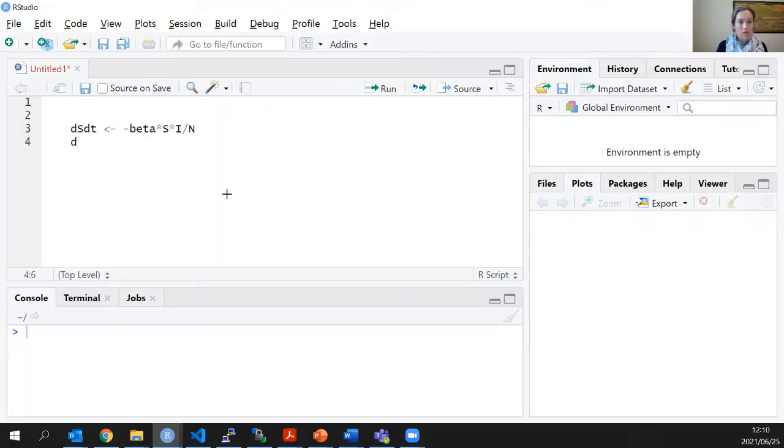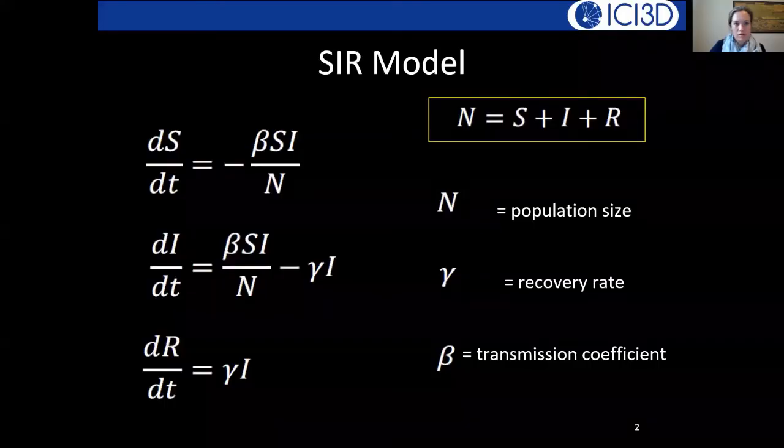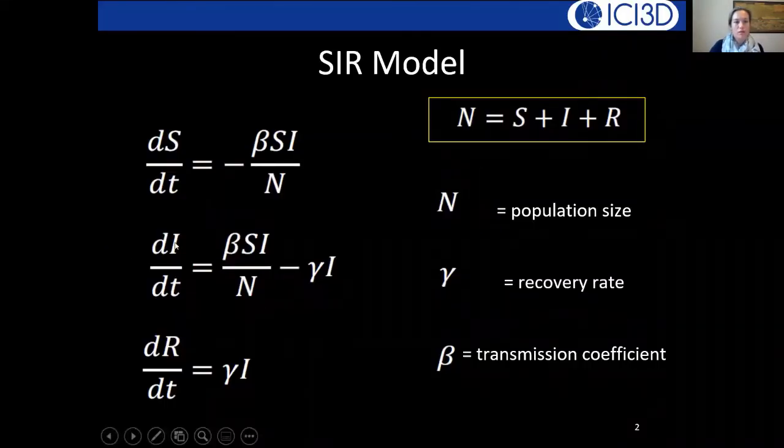The rate of change in the infected group will be everyone coming in from the susceptible group minus everyone who recovers. And we say that the rate of recovery is gamma times the number of infecteds. Okay, so we still match up with these equations.